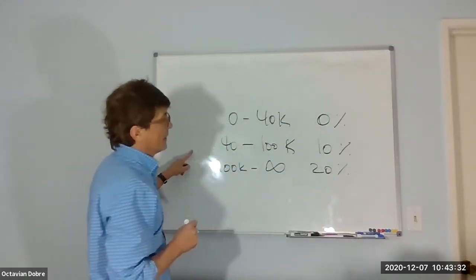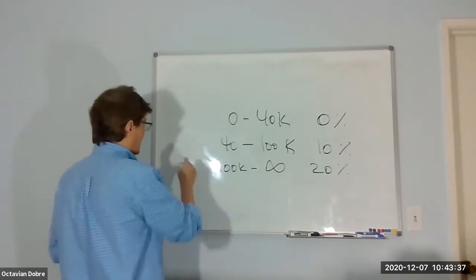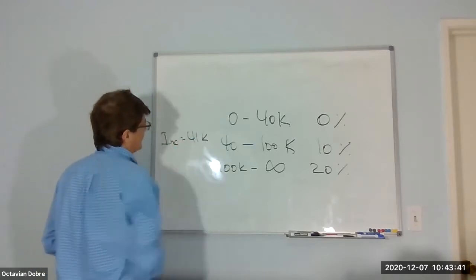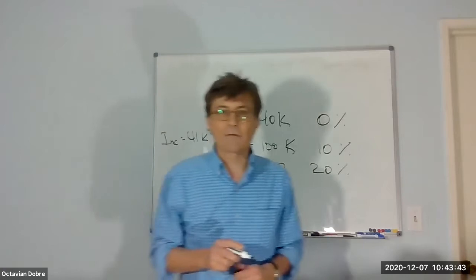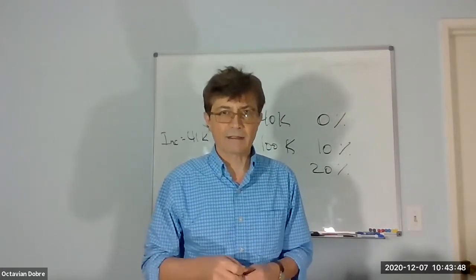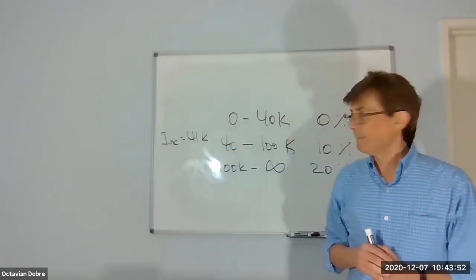Let's say that a person makes $41,000. The income is equal to $41,000. My question to you is, how much do you owe in taxes to Uncle Sam? What is the tax burden? $100.